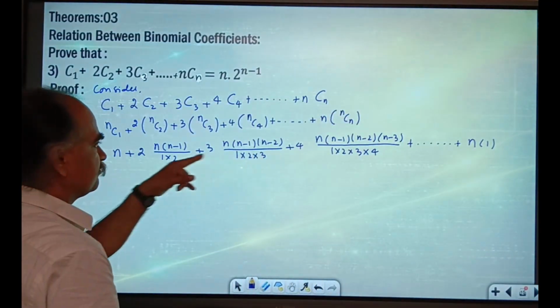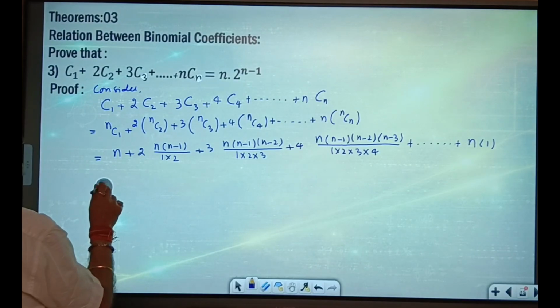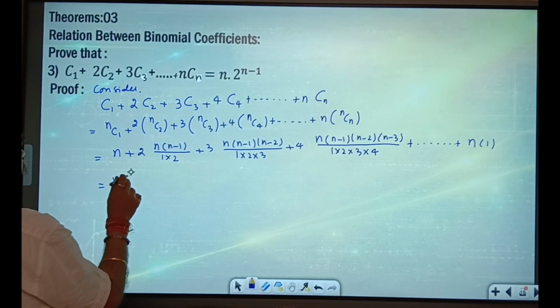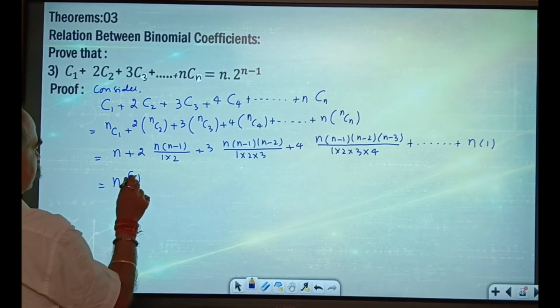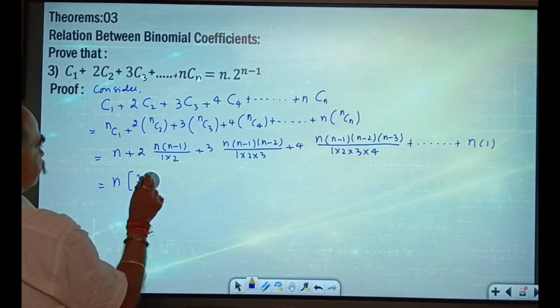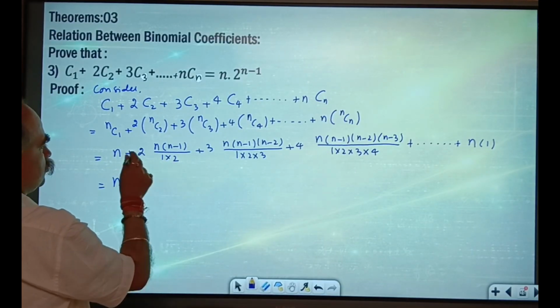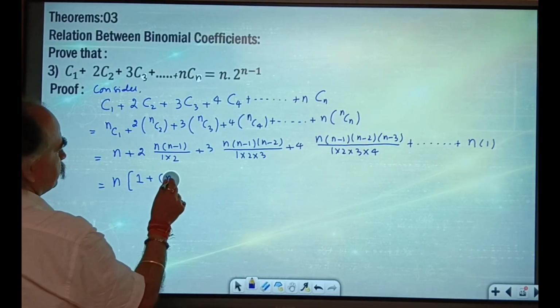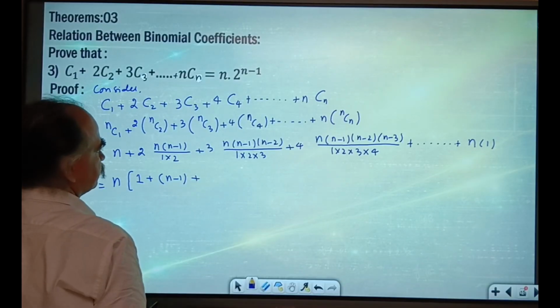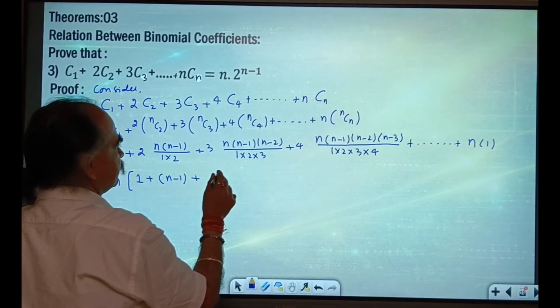If you see, all the terms contain n, so that n we will take outside. What is left in the bracket? 1, plus n will be taken outside, 2 cancels, so n minus 1 is left. Plus n taken outside, 3 cancels.